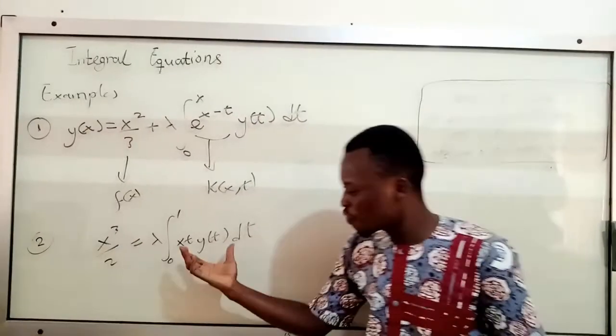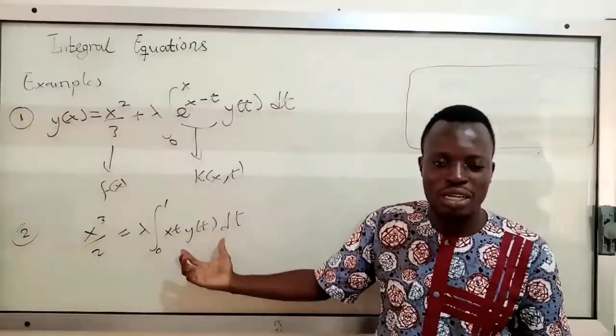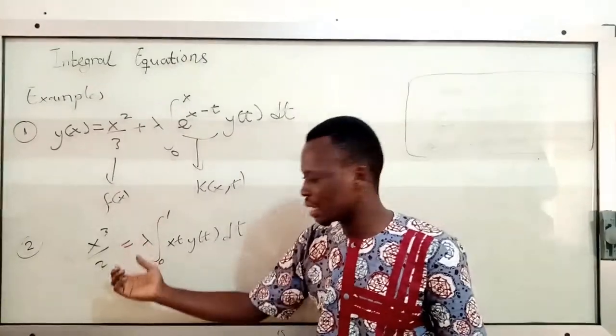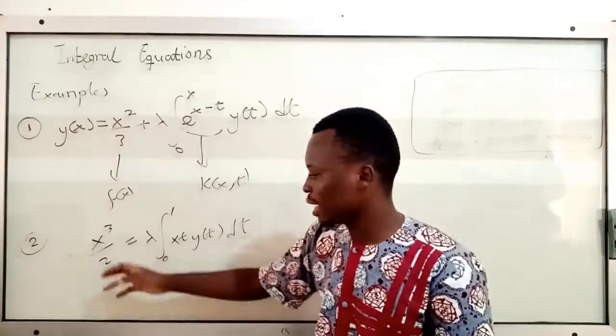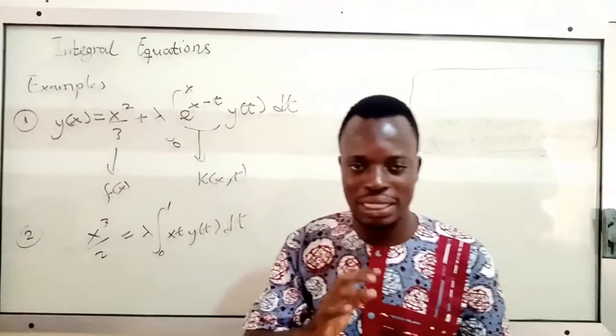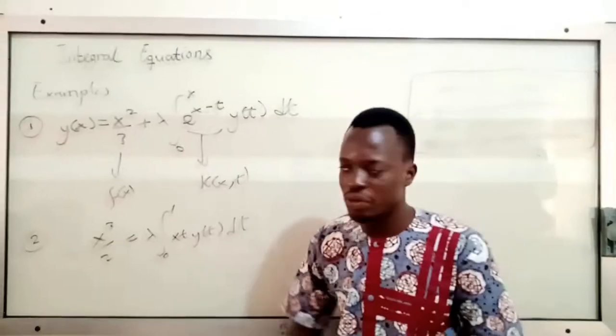We have the unknown function which appears under the integral sign, and since the unknown function appears under the integral sign, it makes this an integral equation. The limit of integration is from 0 to 1. Lambda is the investigative parameter here, and s cubed divided by 2 is the free term or the forcing term. The kernel becomes s t. So this is also an integral equation.